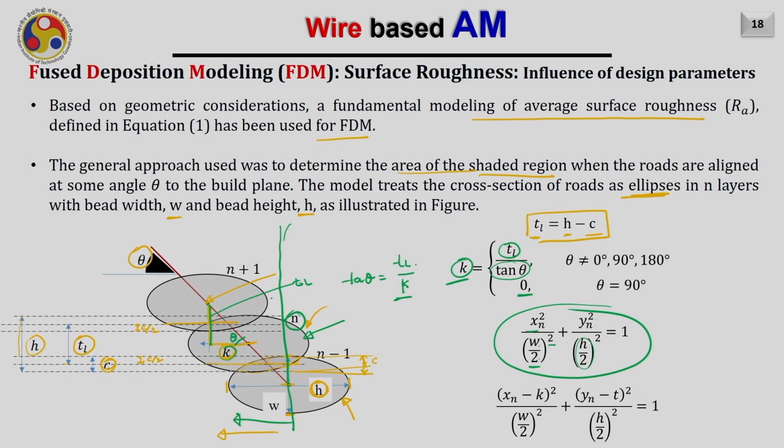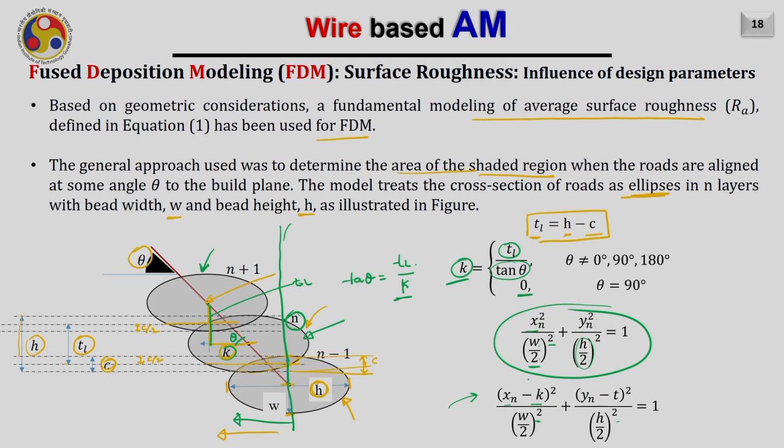Now, the equation of the ellipse which we are depositing at the n plus 1th layer can be obtained from this equation: xn minus k whole square divided by w by 2 whole square plus yn minus t whole square divided by h by 2 square.